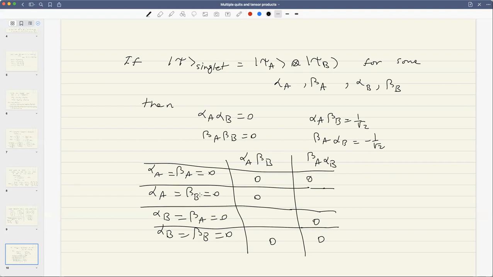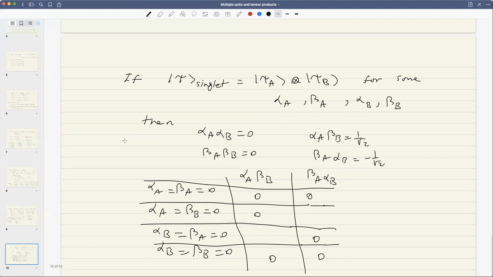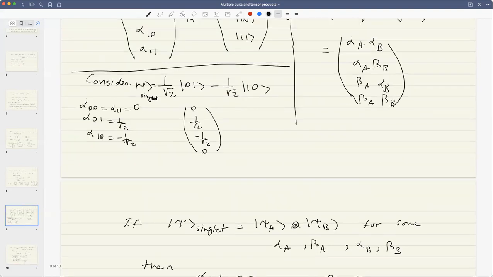So see, in all of these four cases, which are the only cases where I will have these two products to be equal to 0, at least one of these two coefficients is 0, right? So here, yeah, at least one of them is 0 in all cases. So it's not possible to get one equal to 1 over square root 2, the other equal to minus 1 over square root 2.